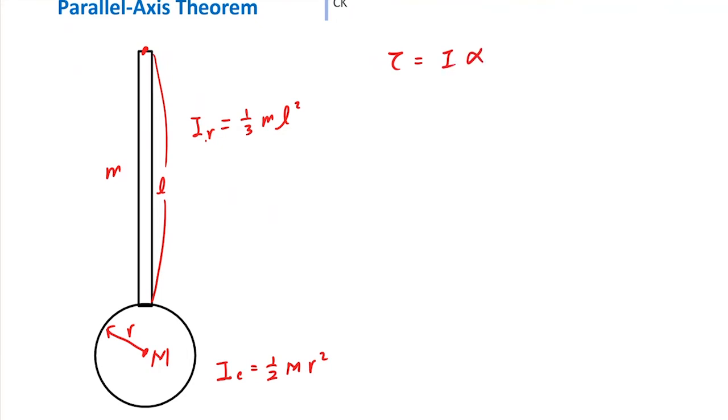So we want to calculate the amount of torque to accelerate this thing with the angular acceleration alpha, whatever that alpha might be. The torque of the rod is easy: 1/3 m L squared alpha. We'll let that sit there. Now we need the torque of the cylinder.